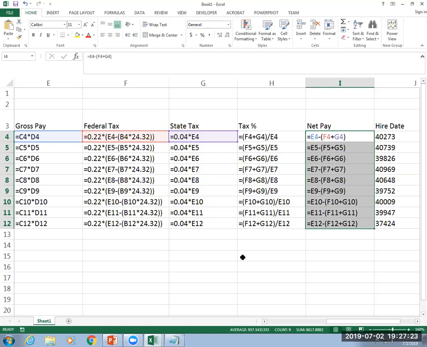If somebody shares their spreadsheet with you and they used formulas to create the data, you can go on Formulas, Show Formulas, and see the formulas. Or again, you could do Control accent.